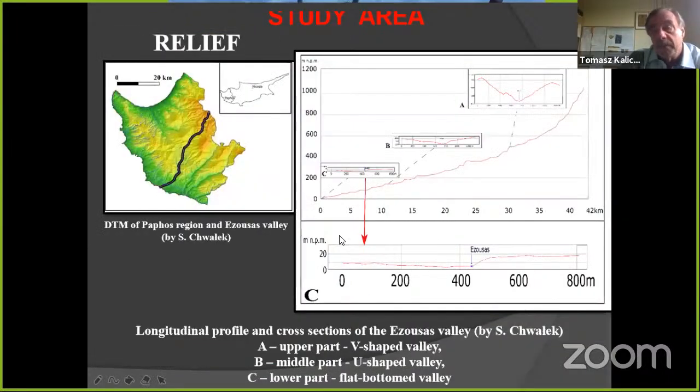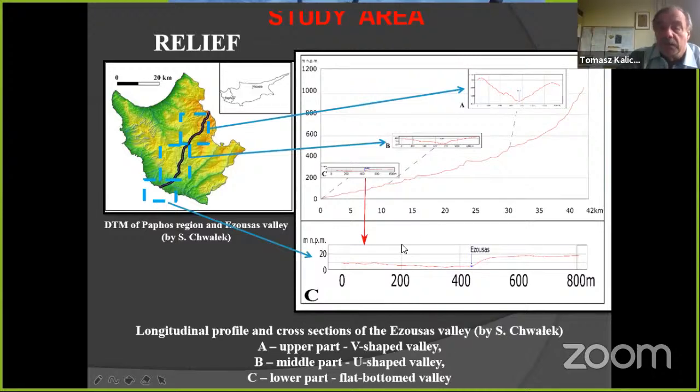If you look at the relief of this river valley, in the upper part we have a V-shaped valley cross section. In the middle section, we have a more or less U-shaped valley, and in the lowest part a flat-bottomed valley, as you see in this cross section.